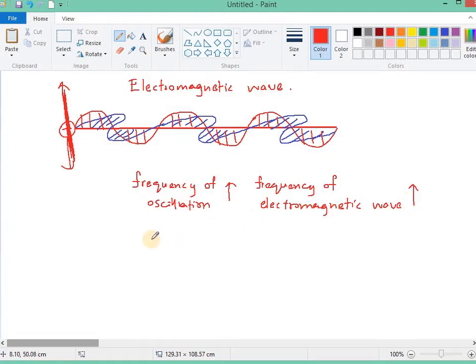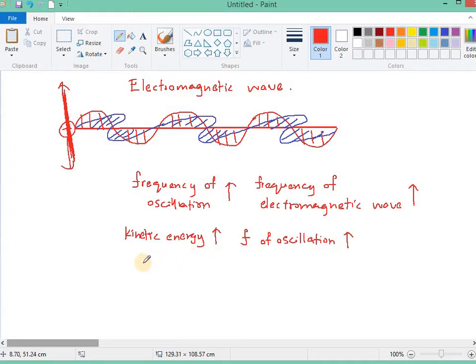So what is it that can influence the frequency of oscillation? The amount of kinetic energy, right or not? If the kinetic energy is high, then the frequency of oscillation will also be high. So that means the frequency of the electromagnetic wave produced is also high.